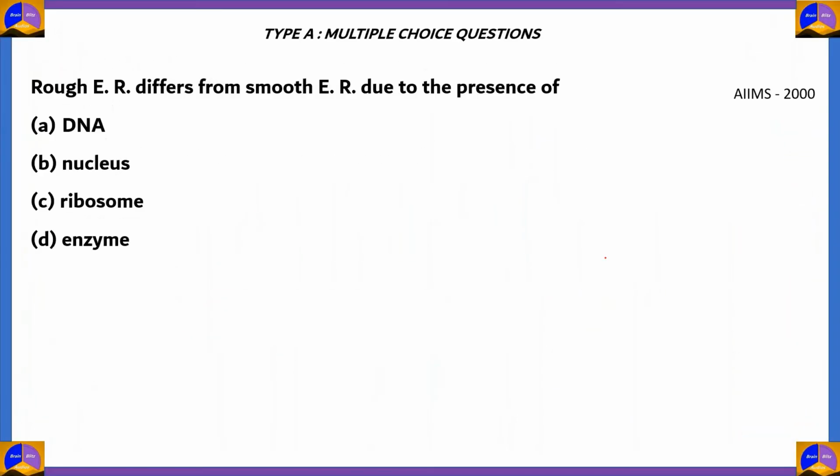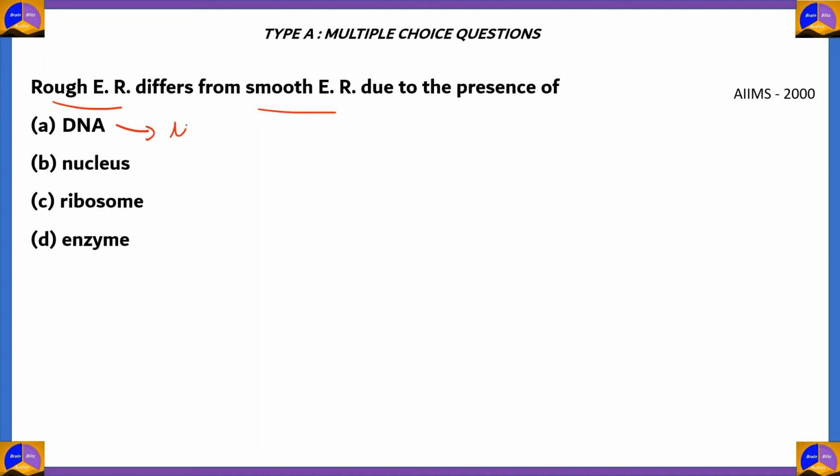Let's look at our next question. Rough ER differs from smooth ER due to the presence of A. DNA, B. nucleus, C. ribosome, D. enzyme. So let's look at our first option, DNA.